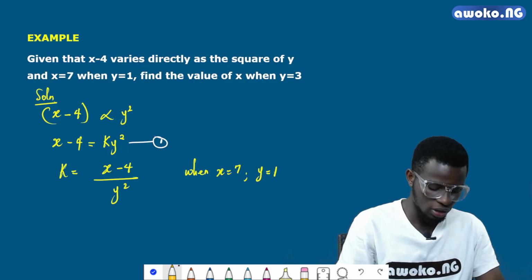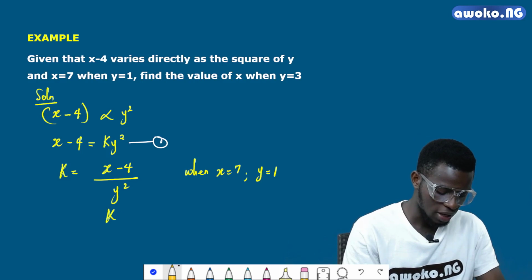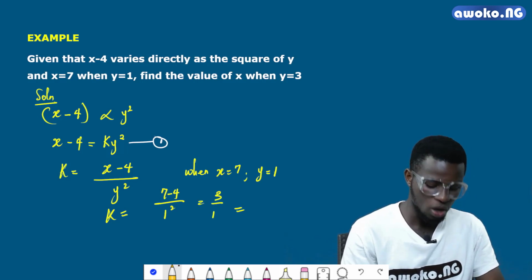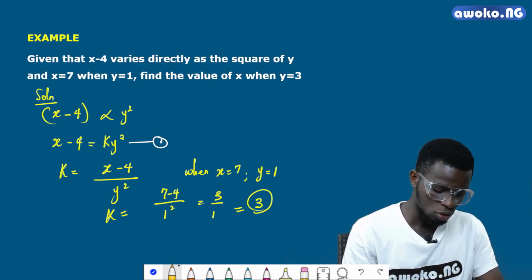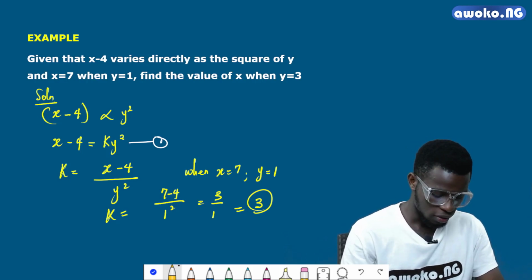So we can use these parameters to find the value of k. k will be equal to 7 minus 4 all over 1 squared, which is 3 over 1. 1 squared is equal to 1, so the answer here is 3. The value of k is equal to 3.